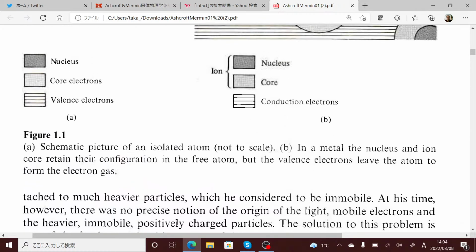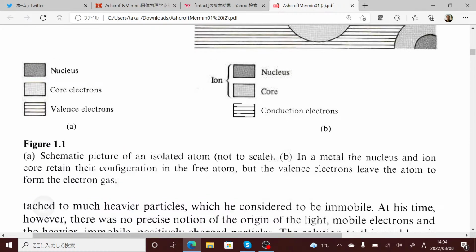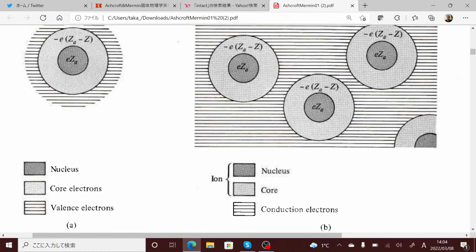This is figure 1.1. Schematic picture of isolated atom, not to scale.